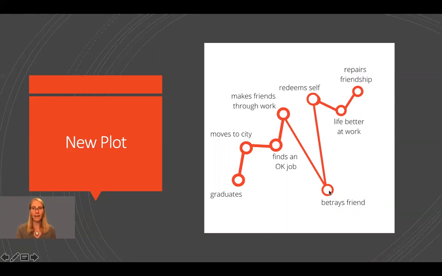In some way, that person is going to betray a friend at work, and things are going to be awful until that person redeems themselves. And life will get better at work, but things aren't going to be awesome until that relationship is repaired and the friendship is renewed. So those are the basic moments in the plot that I'm going to write towards when I create my brand new fairy tale.